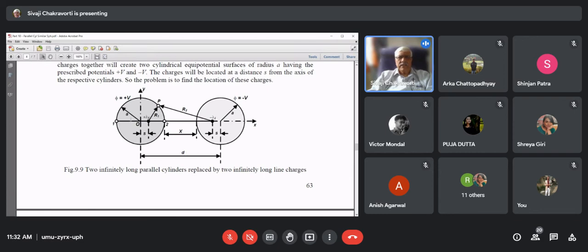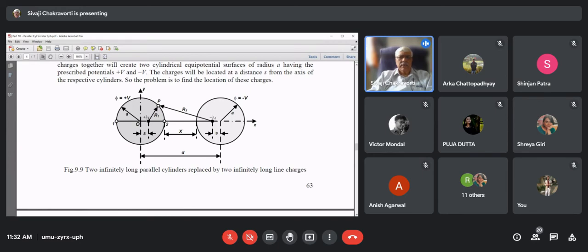And with this configuration, we are trying to establish that these two cylindrical surfaces will be as per our boundary condition. So we start in the same way, that we take a point P on the cylinder 1, that is the positive cylinder.